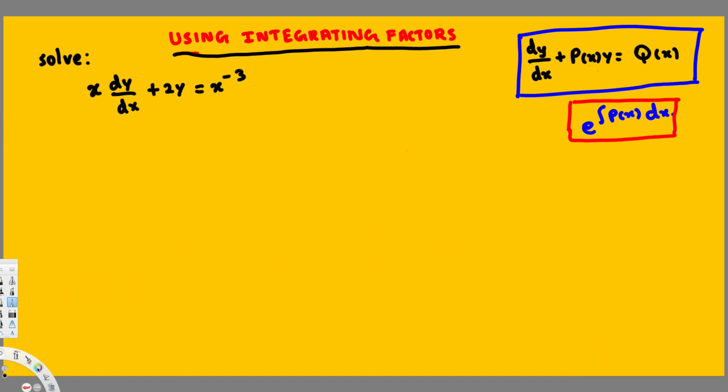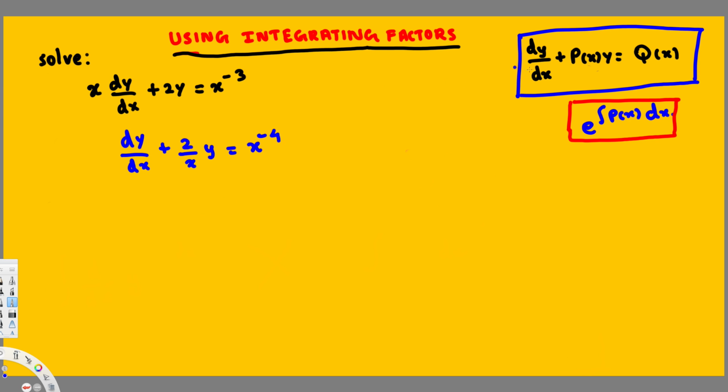So the first thing we should always try to do is bring this one in standard form. To get this one in standard form, we have to divide everything by x. When we divide this one by x, this is going to become dy over dx plus 2 over x y equal to x power minus 4.